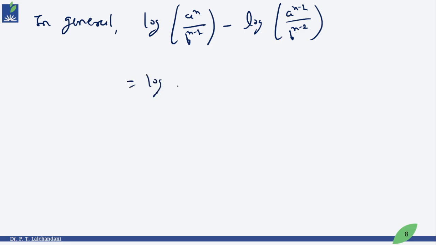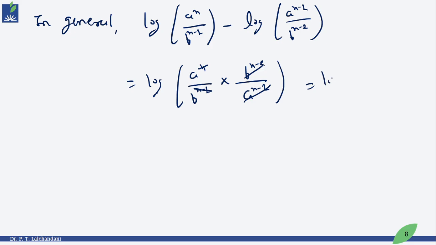So this is equal to log of a raised to n upon b raised to n minus 1, multiplied by b raised to n minus 2 upon a raised to n minus 1. Now you can observe that the n minus 2 power is cancelled out, and the n minus 1 power is cancelled out. So we simply get log a upon b.